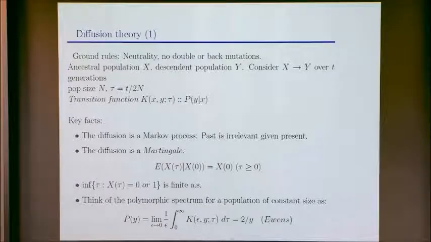Ewens proved in the 60s that, assuming I'm polymorphic here, if you integrate over all the possible times back where the mutation could have occurred, and normalize by epsilon, the spectrum is 2 over y. So you get this for the derived spectrum. That's analytic, and it's very helpful in some of the other things that I'm doing here.